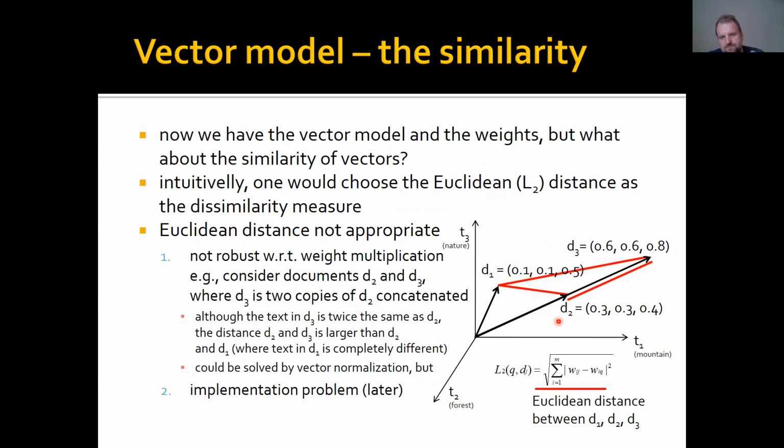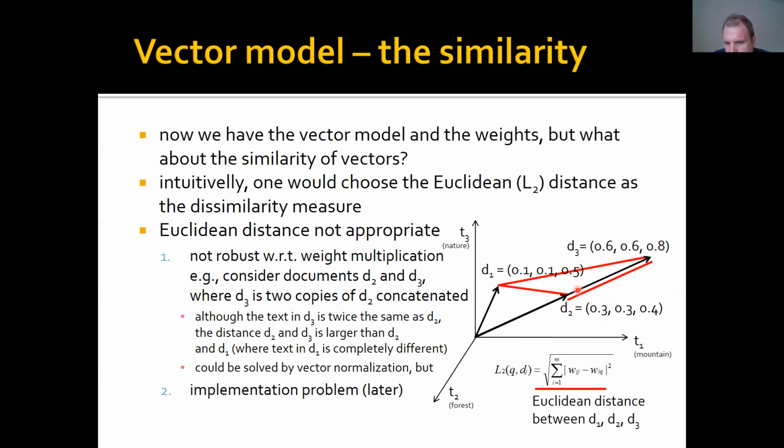But this is not what we would like to obtain, because if we think about how the weights are constructed, then document 2 and document 3 are basically the same up to a multiplicative constant. This vector is twice as long as this vector, but has completely the same proportion of the weights across the dimensions.